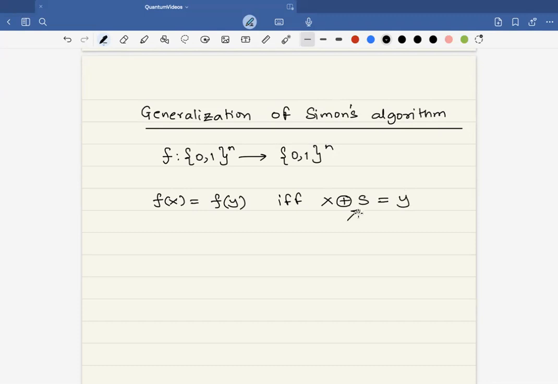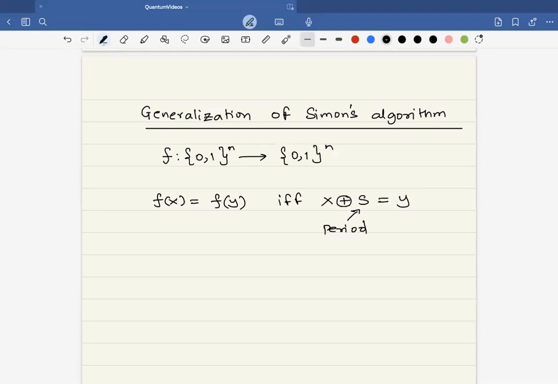So this is our period, which is unknown. And the goal of the Simon's algorithm is to find the secret period.